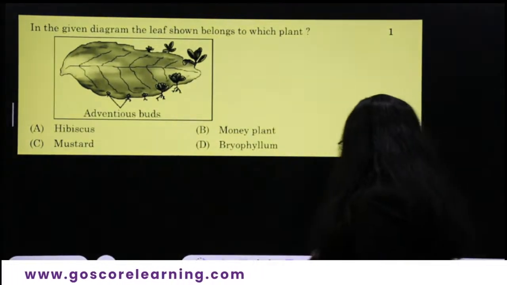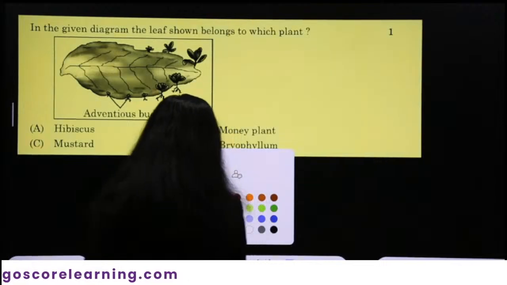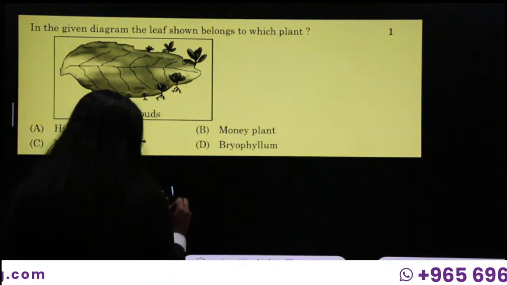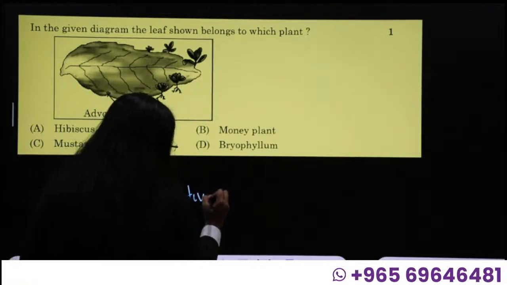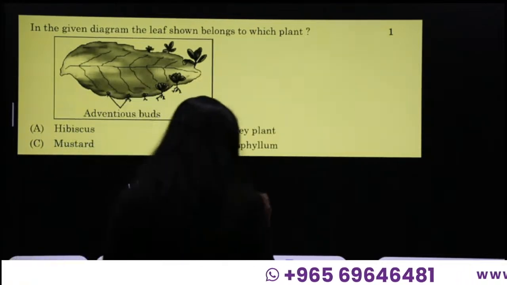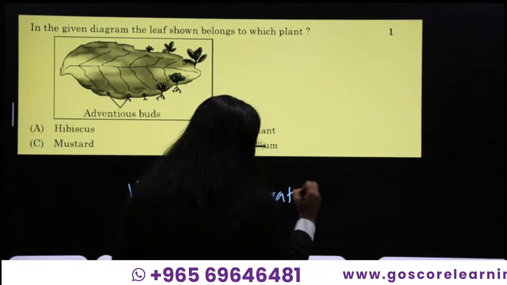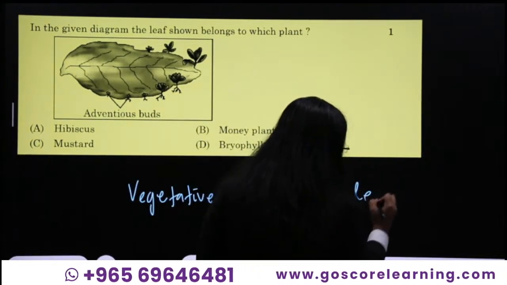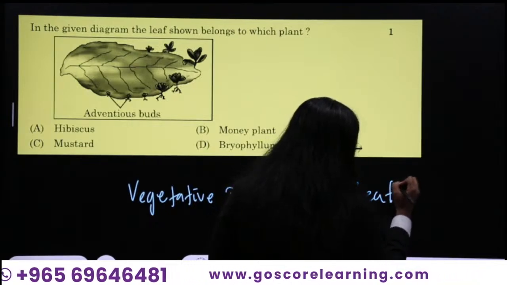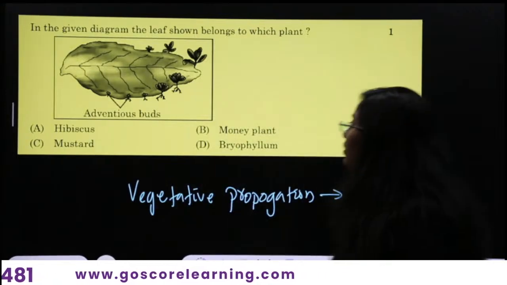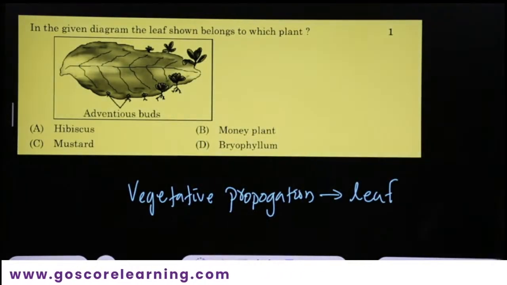Bryophyllum is for vegetative propagation. Which part of the plant is taken for propagation? The leaf. Leaf is taken for the propagation of the plant. Okay, very good, so the answer is bryophyllum.